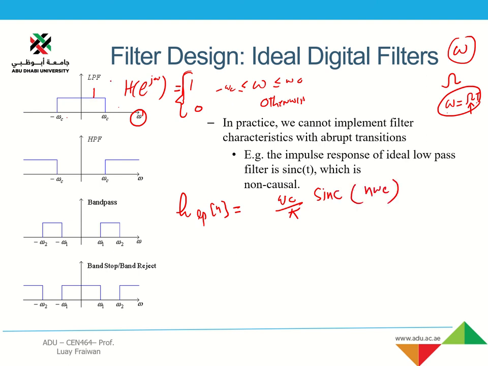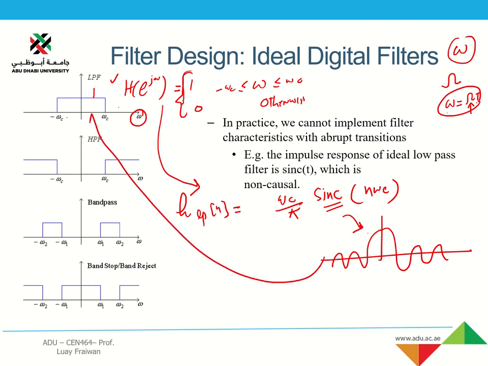This is the frequency response, and in time domain the response of this low pass filter is a sinc. So if in time domain we have a sinc, then in frequency domain we get a rectangular signal. This is the basic low pass filter.